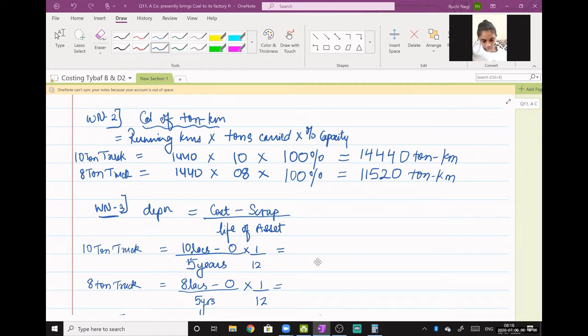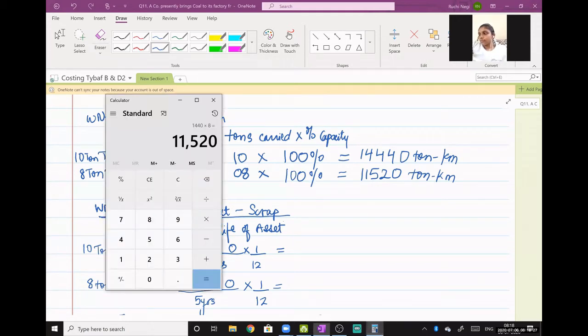Next, cost is 10 lakhs, scrap value is not given in the question so 0, and 5 years. Since it's a monthly cost sheet, I will divide by 12 also. So 10 lakhs minus 0 divided by 5, divided by 12 directly.